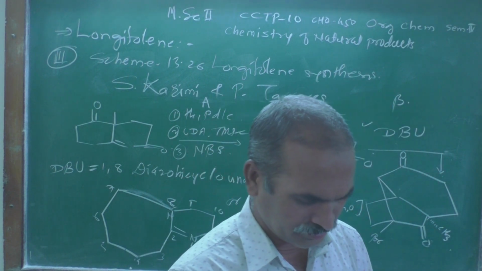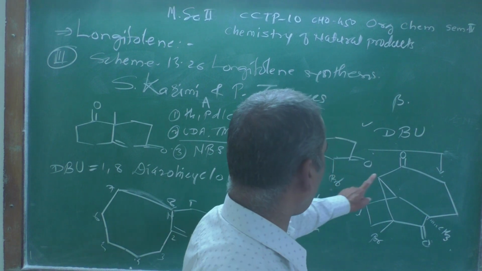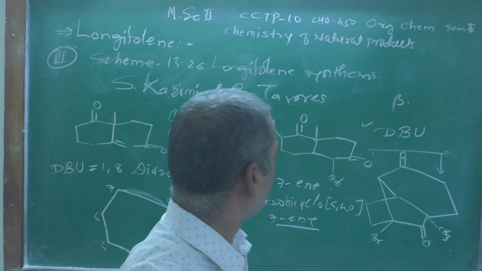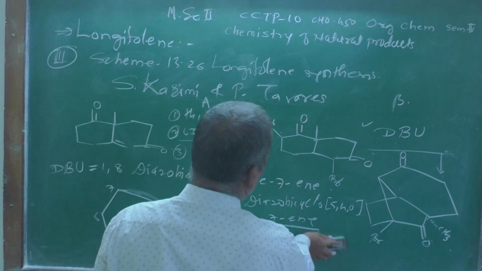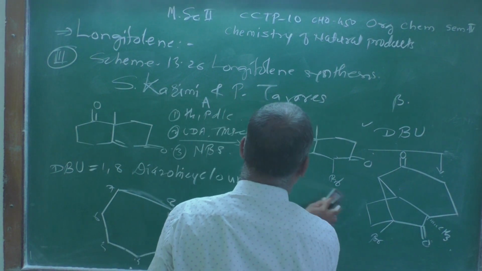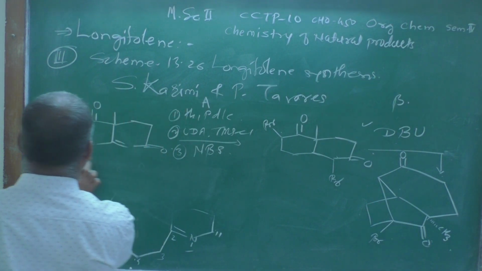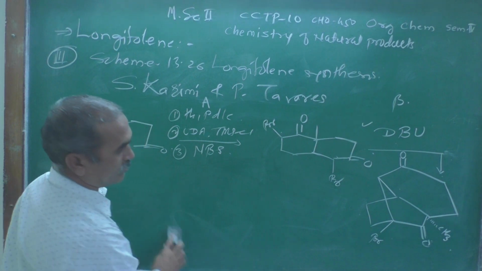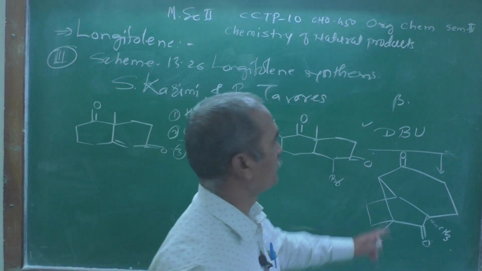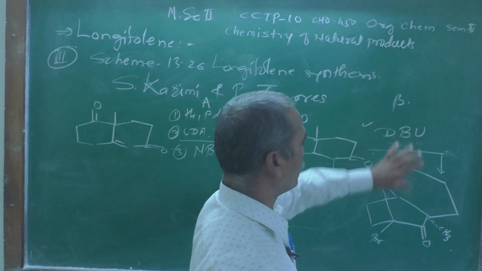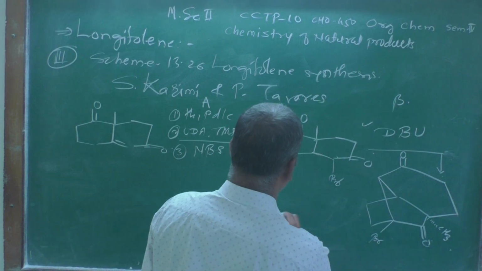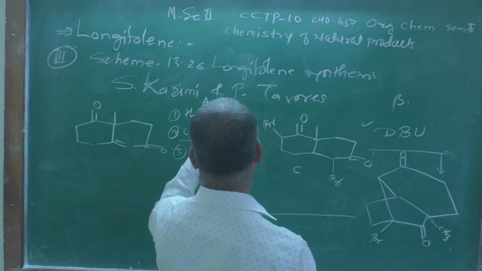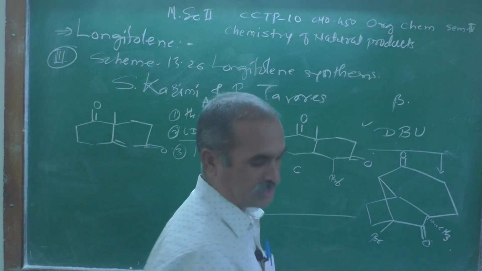And now this compound, after adding DBU we got this compound, and when this compound is further treated with the C reagents, after A and B, now is the C reagent.